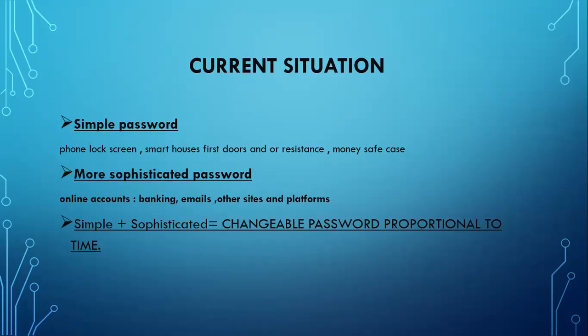The other kind is the more sophisticated password, used for online accounts, banking, and emails, which requires numbers and other characters, capital letters, small letters, and symbols. Both cases have some advantages and disadvantages.